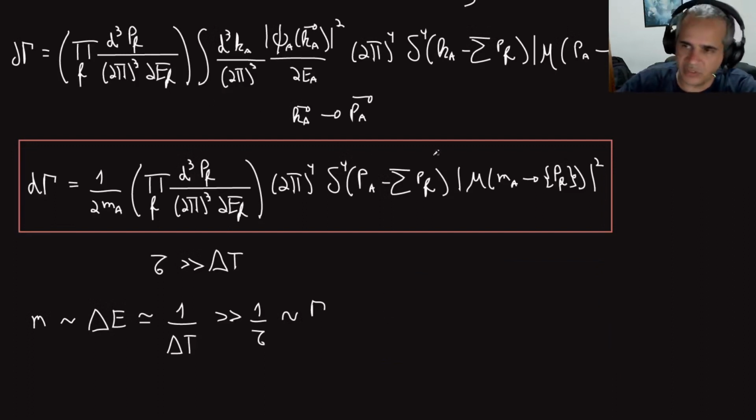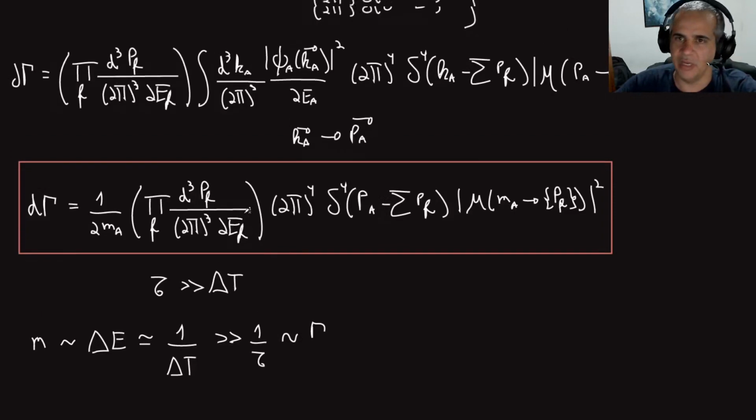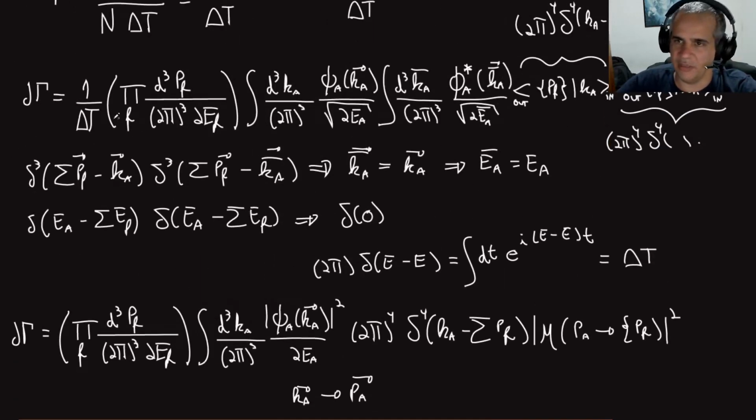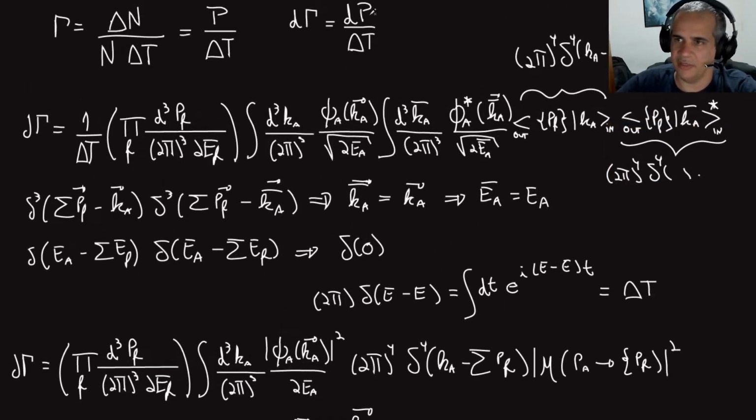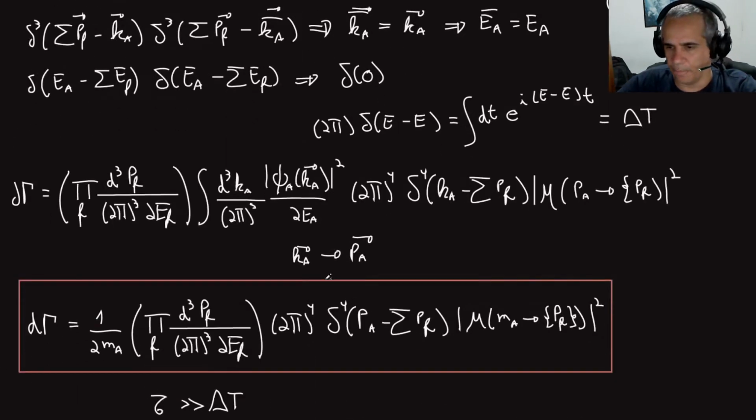So when you use this calculation, you have to keep that in mind. You're assuming that the particle lived long enough to be treated as a real particle, so it was not interacting for a while. And that's what we have in mind, and that's why it makes sense to define this time interval here and the chance that the particle decayed in that time interval, which is what I did right here.